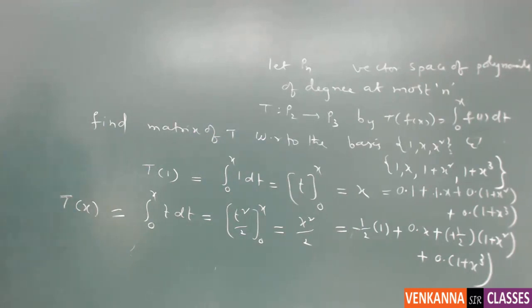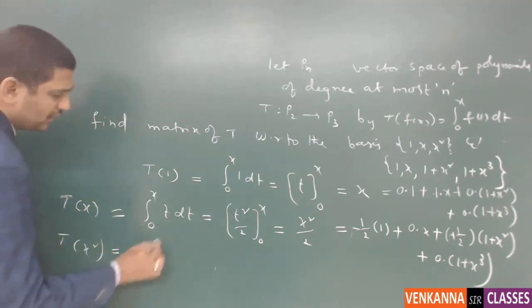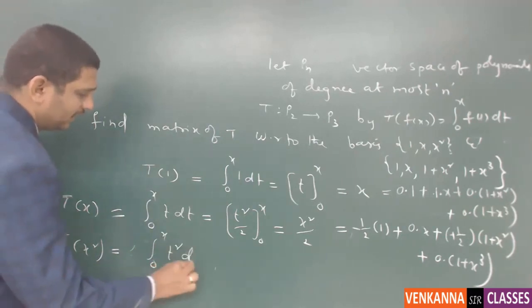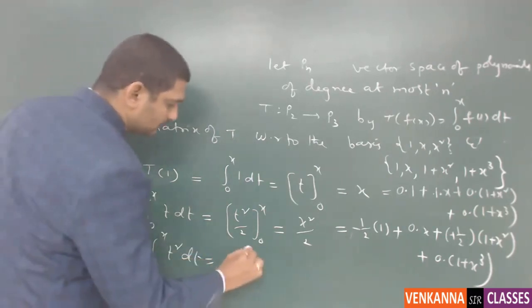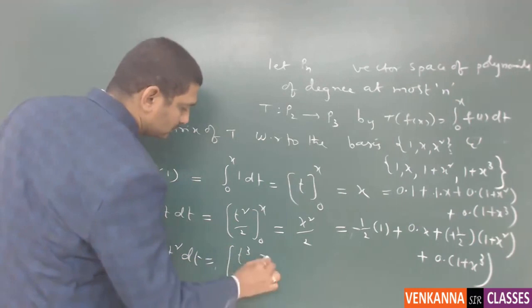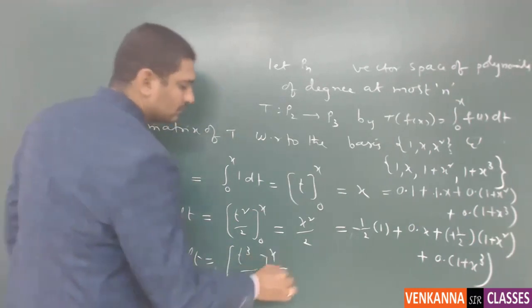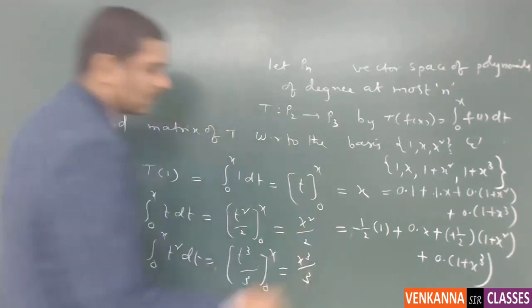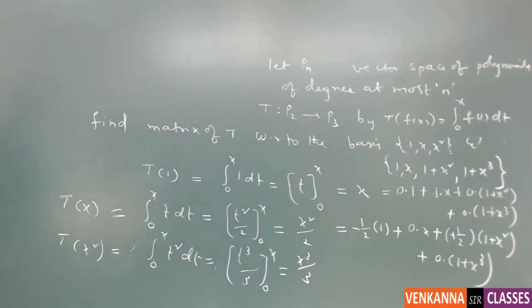Right? So if you get the third one, T of x square, it is nothing but integral 0 to x t square dt. Now the image x cube by 3 should be written as a linear combination of the codomain values. How it can be taken? Just like the previous one.